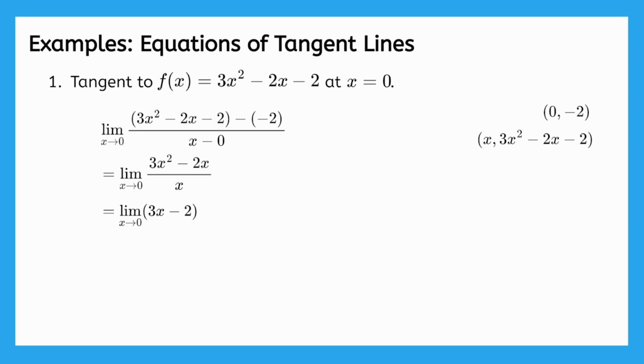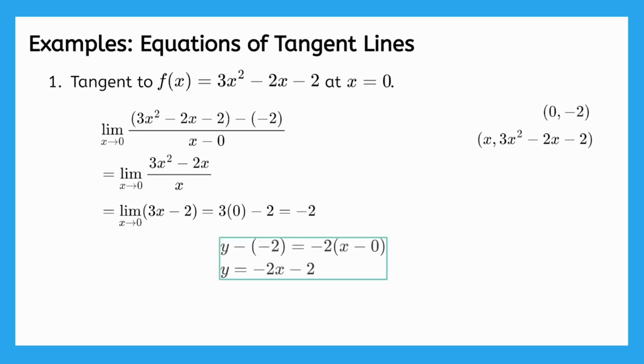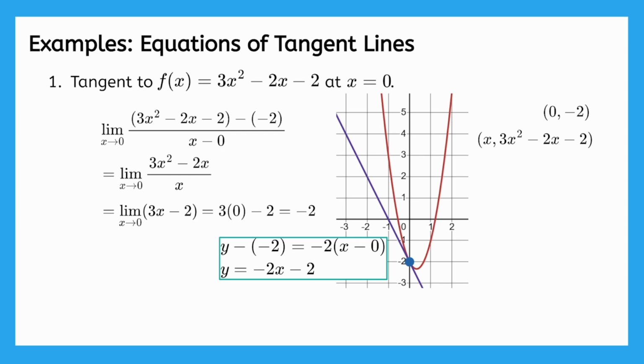Then we can try direct substitution, and it works! We get a slope of -2. To finish writing the equation of the tangent line, we substitute the point and slope into point-slope form and convert to slope-intercept form if we want. We can even graph the function and see that that line is indeed tangent to the curve at x equals 0.